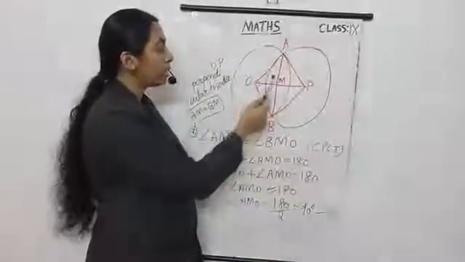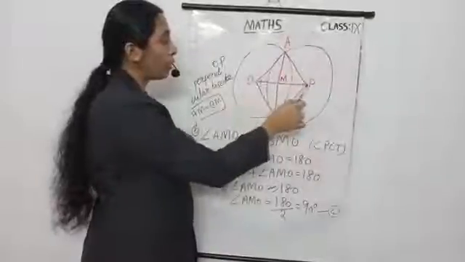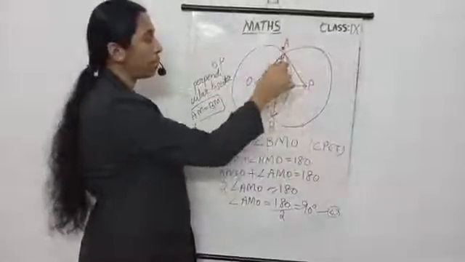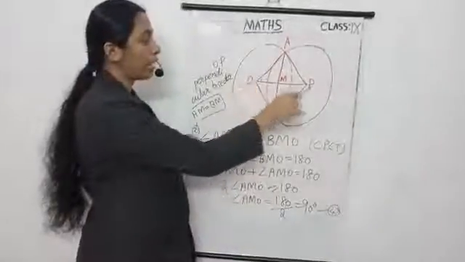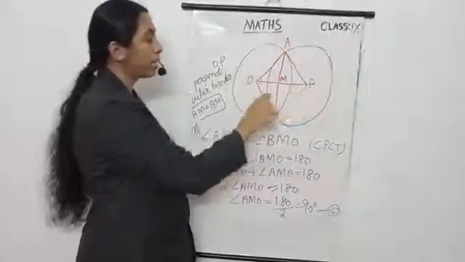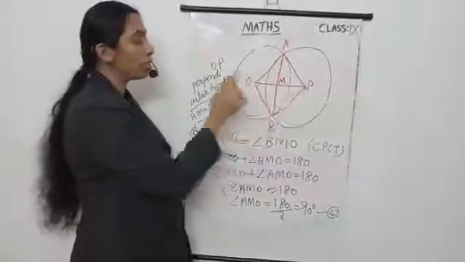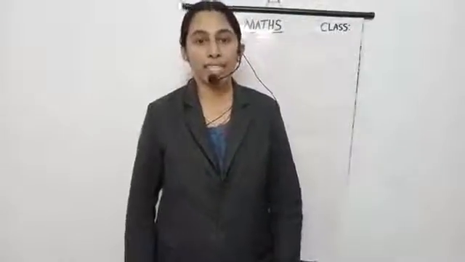So both these angles are 90 degrees. That means OP is perpendicular to this AB. O is the center of the first circle and P is the center of the second circle. This perpendicular goes through these points. So the proof is done.